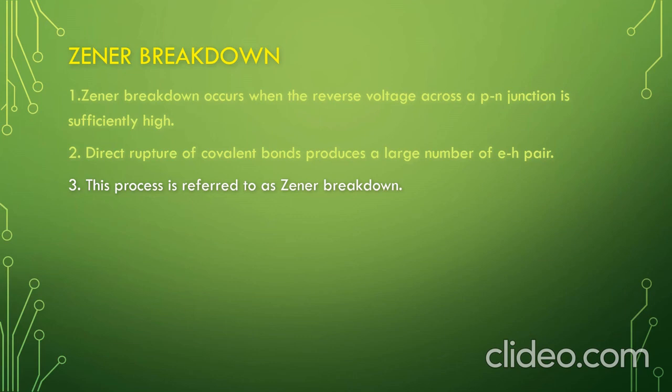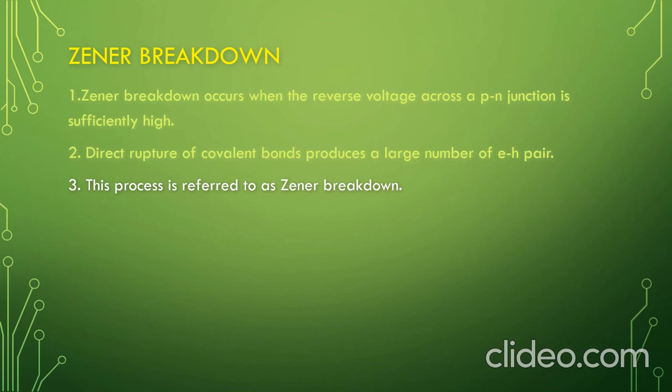For heavily doped diodes, Zener breakdown occurs at voltages below 6 volt. For lightly doped diodes, the breakdown voltage is greater and the avalanche multiplication is predominant. So there are two different mechanisms. Breakdown diodes are commonly referred to as Zener diodes.